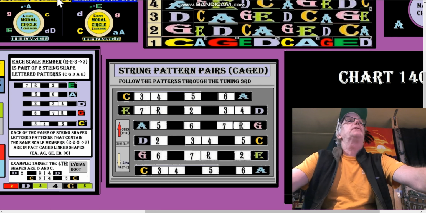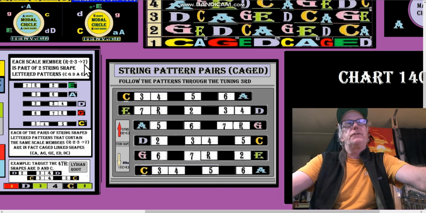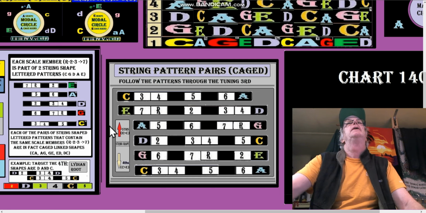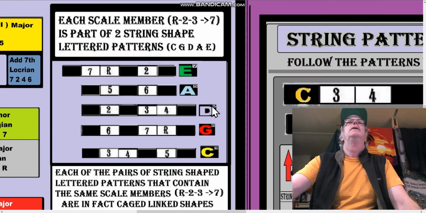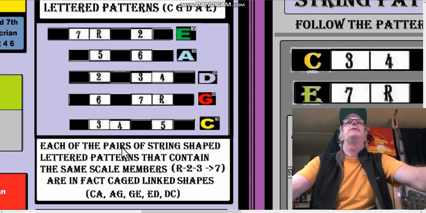So the basics, I guess, I wrote them here. Each scale member, root, 2, 3, 4, 5, 6, 7, is part of 2 string lettered patterns from the C, G, D, A, E. If you look at that, each pair of string-shaped letter patterns that contain the same members are in fact cage link shapes.